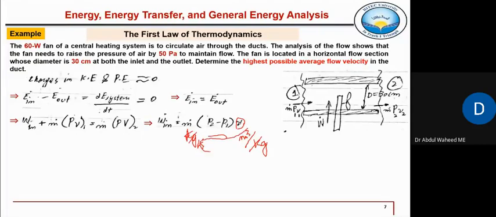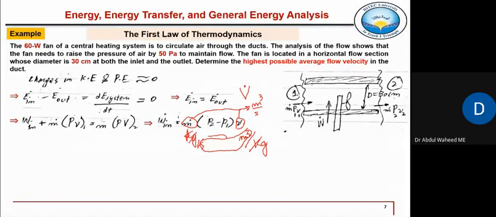Now it is meter cubed per second. It means this m dot into v represents volume flow rate, meter cubed per second, right? So from this equation, we can say that this m dot into v represents capital V dot, the volume flow rate.